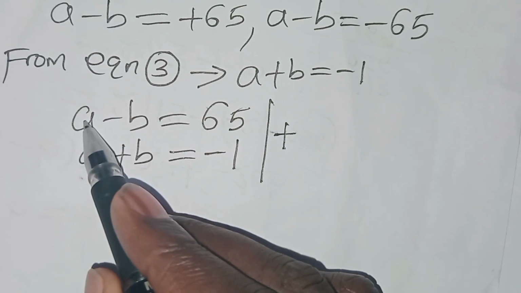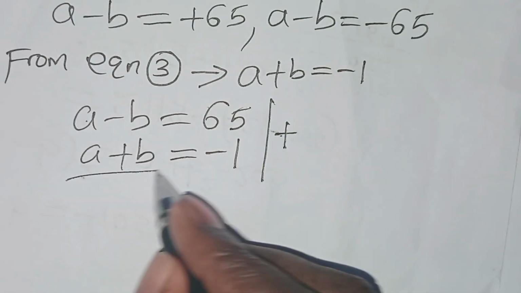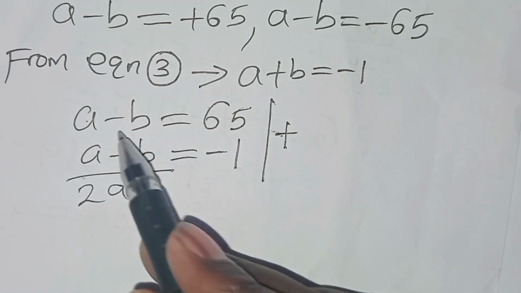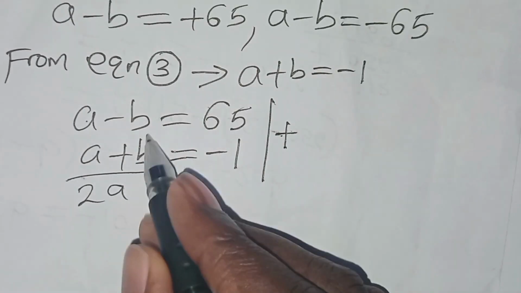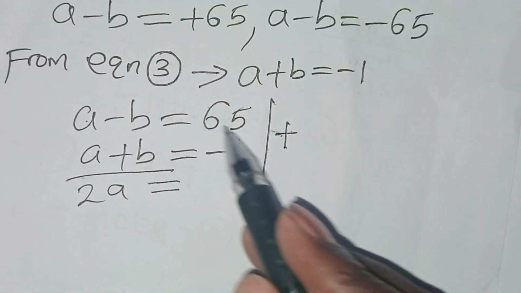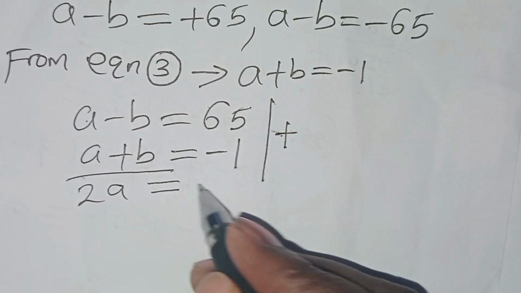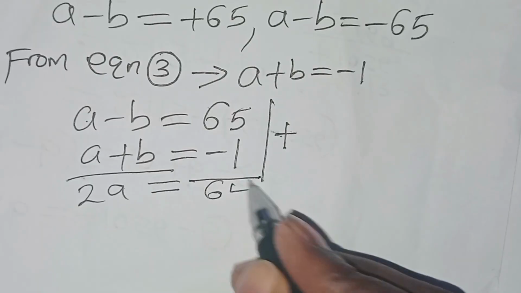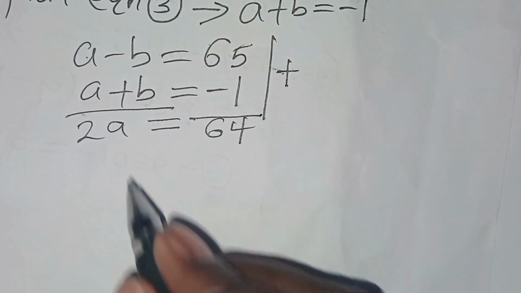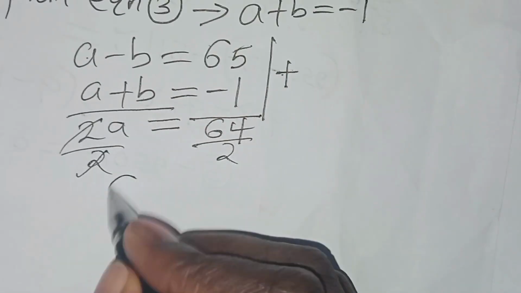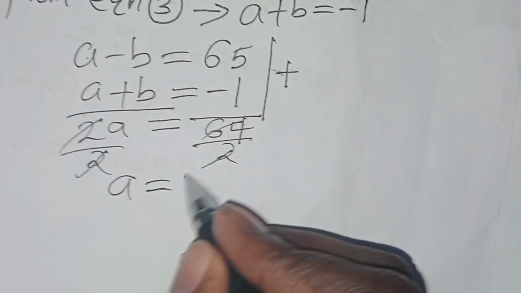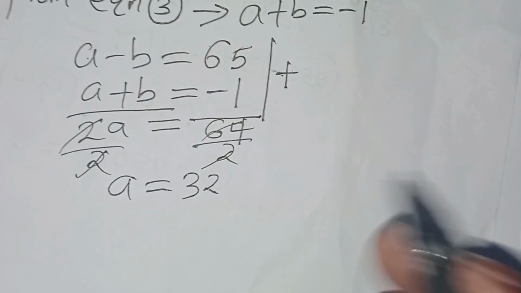We have A plus A equal to 2A, negative B plus B simplifies, then this is equal to 65 plus negative 1, which is 64. So let's divide both sides by 2, so that A is equal to 32.